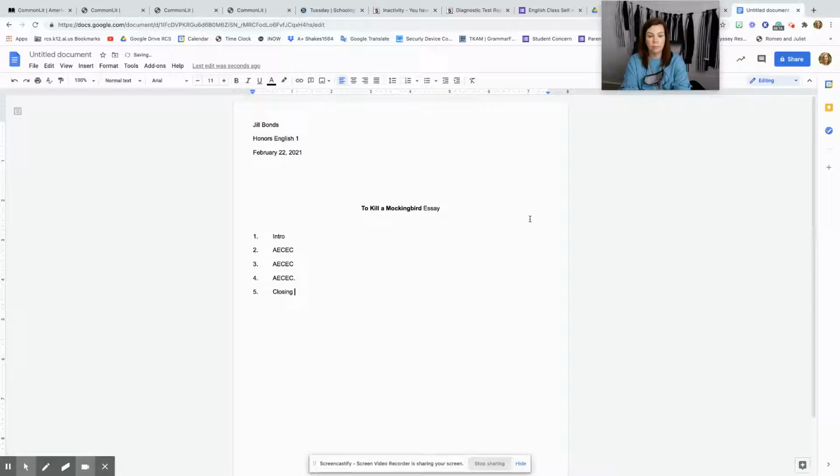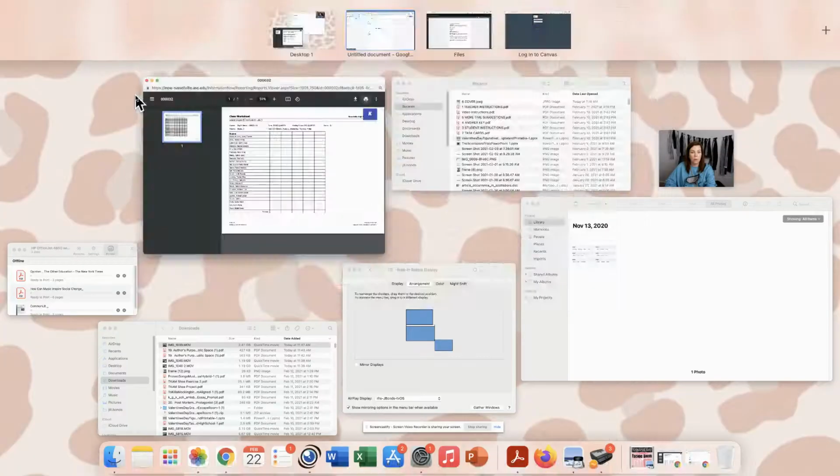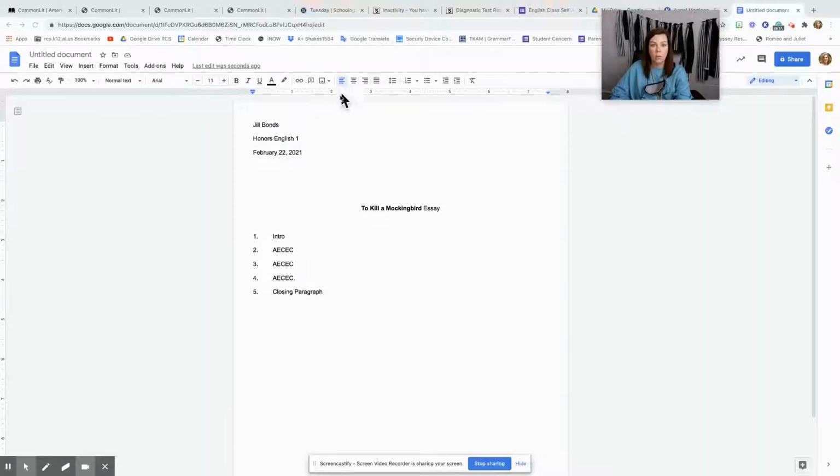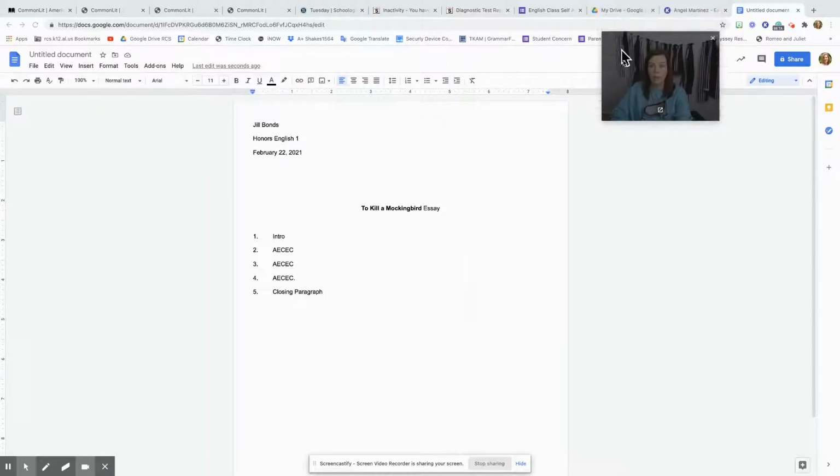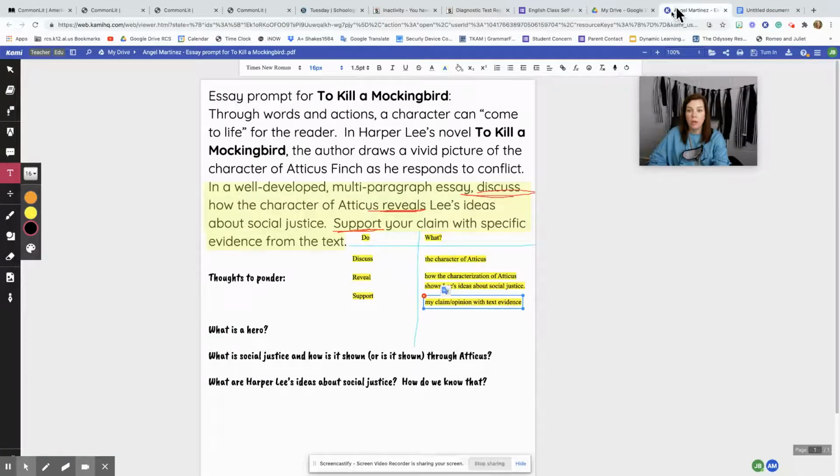All right, your intro paragraph. Let me see if I can split my screen here. Lord, what am I doing? I don't know how to split my screen. Your intro paragraph should include some of the words of the prompt.